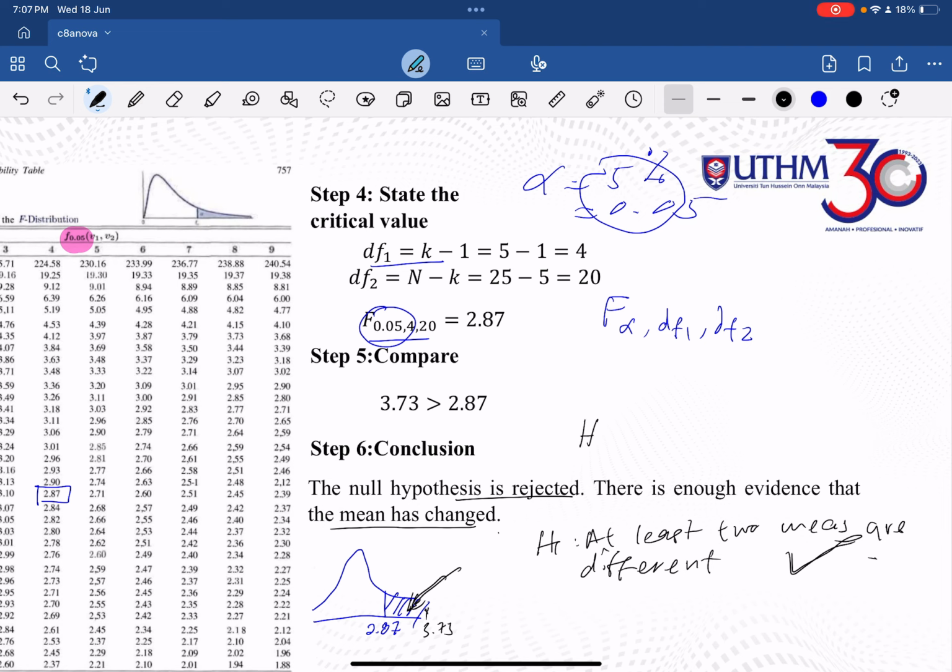So we reject our H naught. We reject this one. So we can say that there is enough evidence to support our H1, that the mean has changed.